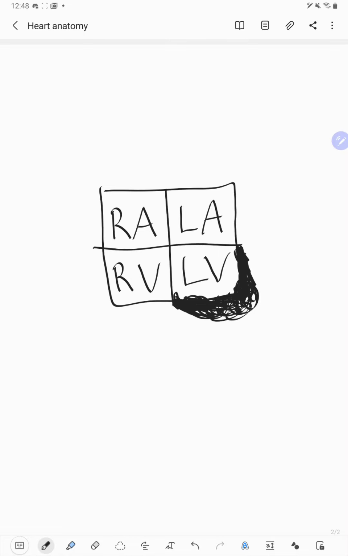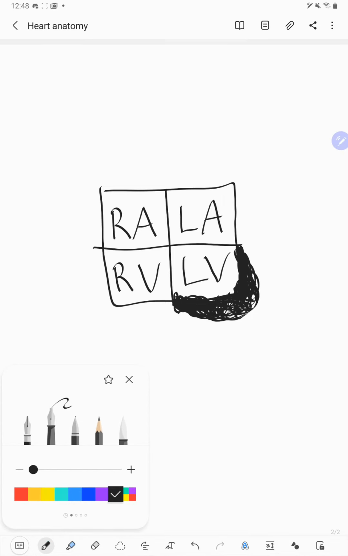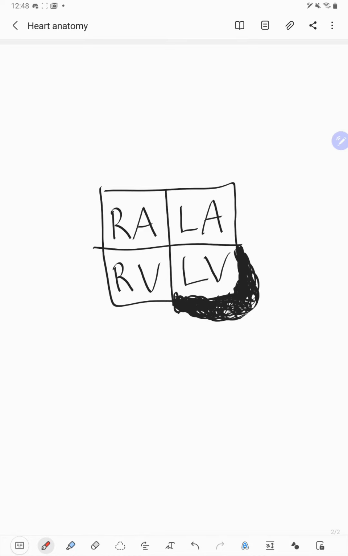So it's got all this extra muscle tissue because it has a really big job to do. The left ventricle, its job is to pump blood to the entire rest of the body. And the job of the heart, one of its main functions, is to pump oxygenated blood to all of the cells in the body. And the chamber that's pumping it to all of the cells in the body is this left ventricle.